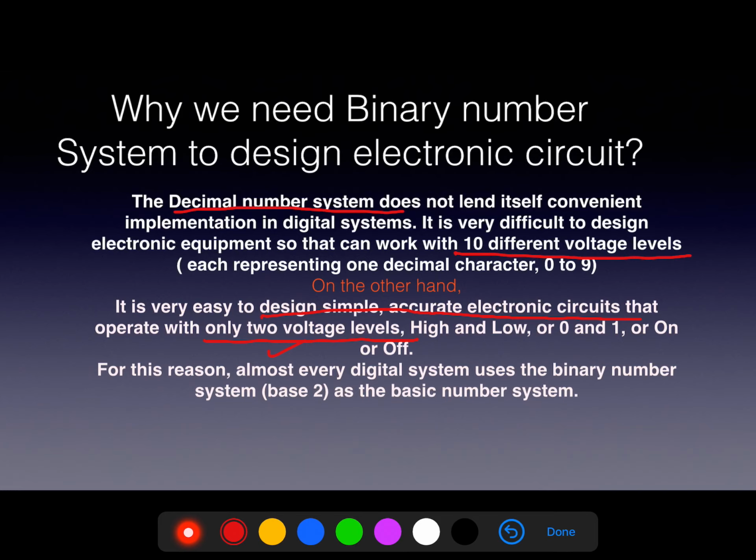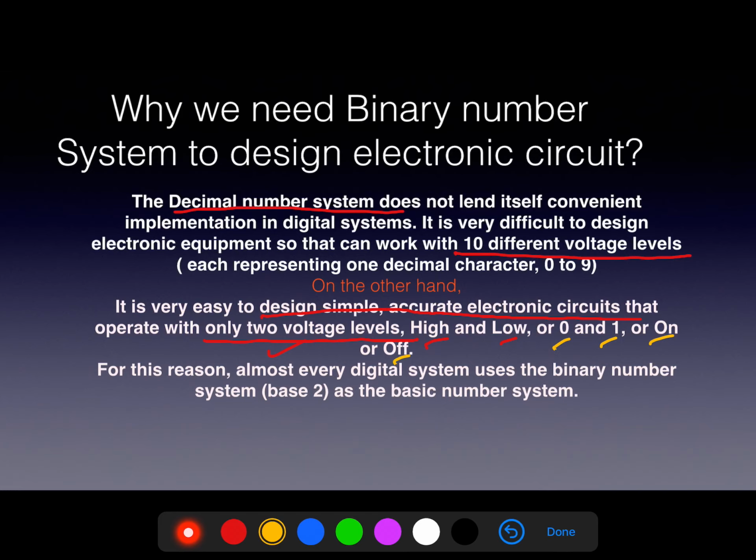It can be very easy, like high and low, or 0 and 1, or on and off. Like the electric switches at home, we have only two options: either we can switch on or off. In the same way, an electric bulb can be in two states, on or off. So it becomes very easy to work with binary numbers, where we have to deal with only two numbers, 0 and 1. 0 means low voltage, whereas 1 is high voltage, or plus 5 millivolt or 0 millivolt.